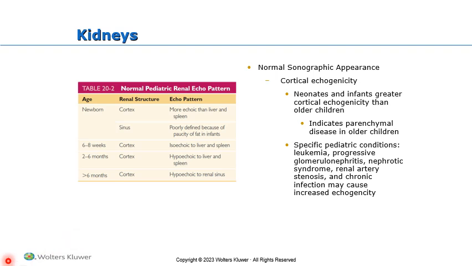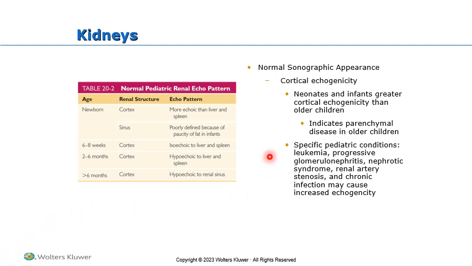Now, neonates with cortical echogenicity that persists and they stay very hyperechoic, that would be indicative of parenchymal disease or something like we talked about with that previous image of the posterior urethral valves. It's causing something in that cortex to become echogenic.